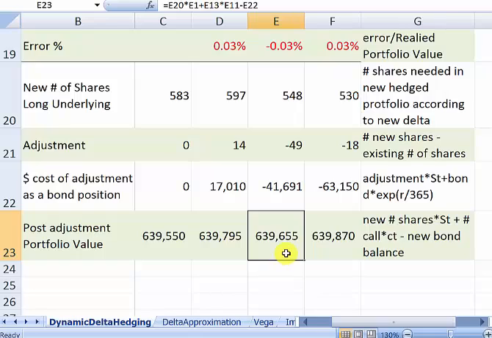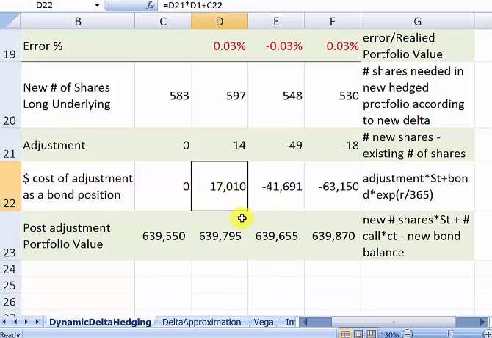Again, this is saying what? I reduced the asset, and also I reduced my liability. Right? The amount that you can reduce is only 17,010, right? Only $17,010. That's what you can reduce. The rest you have to keep in the portfolio.